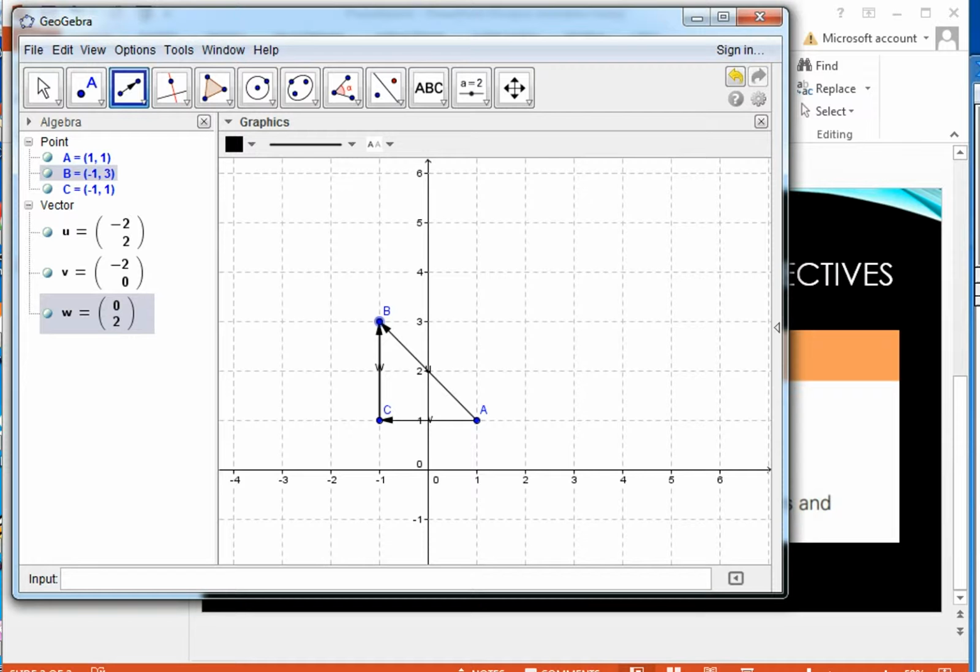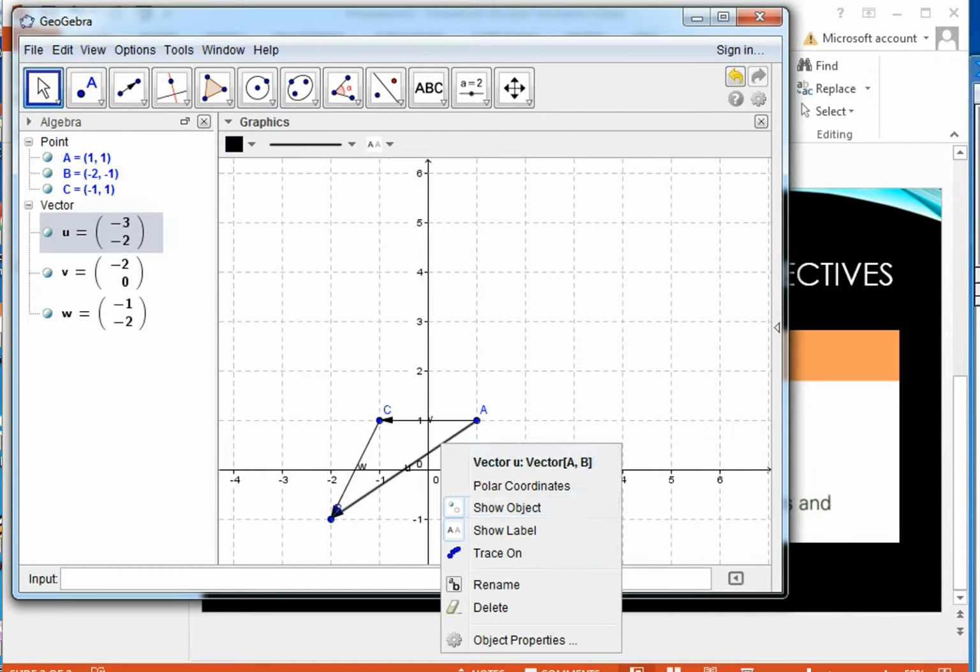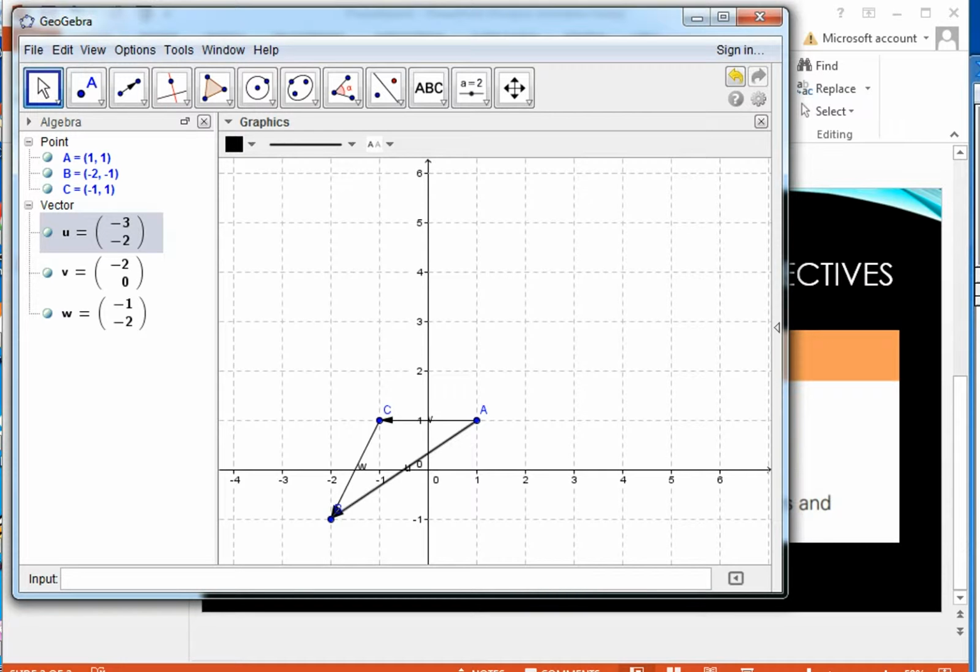Now, suppose that I move this vector here. As you can see now, the original one, let me color this as red.